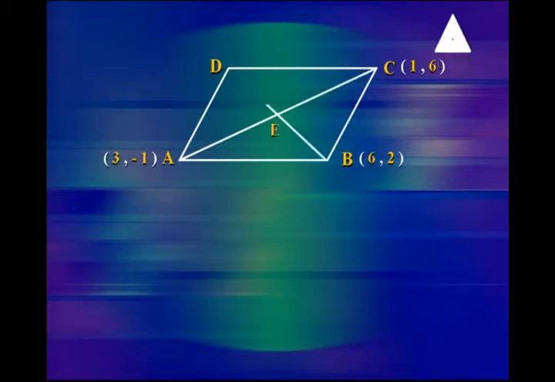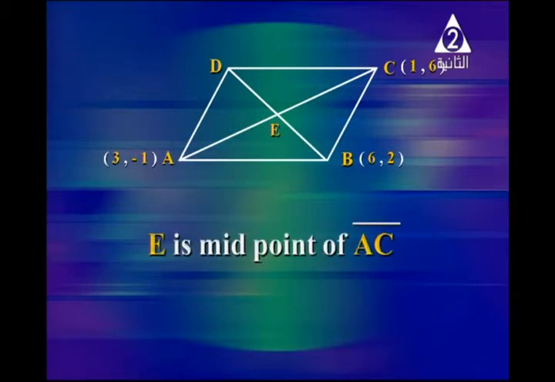First of all, you know that ABCD is a parallelogram. A (3, -1), B (6, 2), C (1, 6), and D. The two diagonals of the parallelogram will intersect at the point E. What about E? Yes, E is the midpoint of AC, as the diagonals of the parallelogram bisect each other.